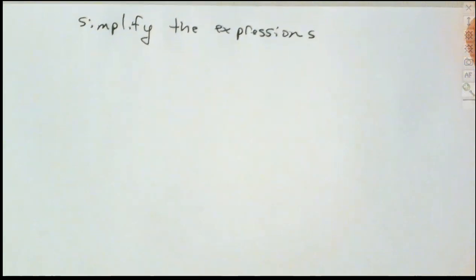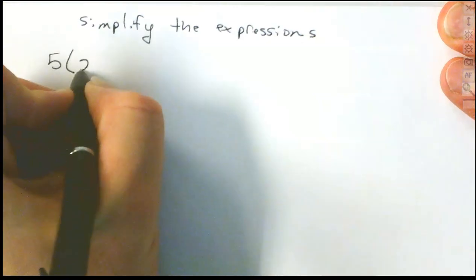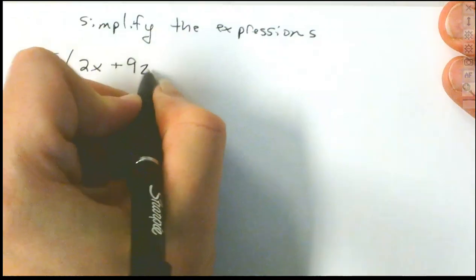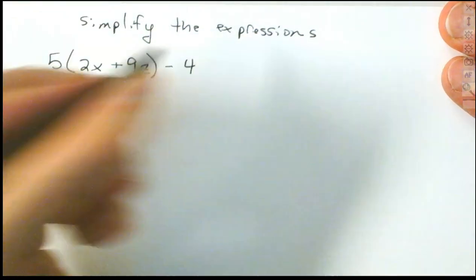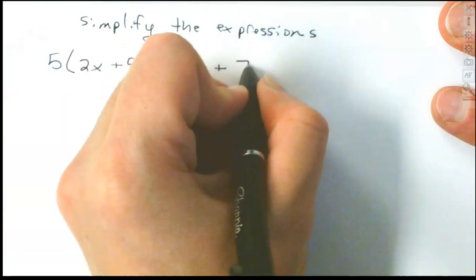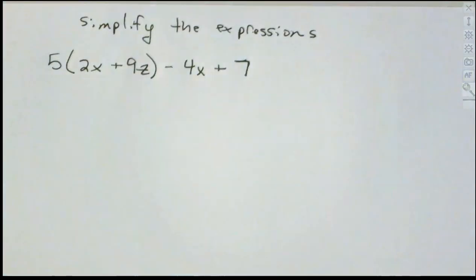This one we're going to have to use our distributive property. Distribute that 5 through, and then combine the like terms.